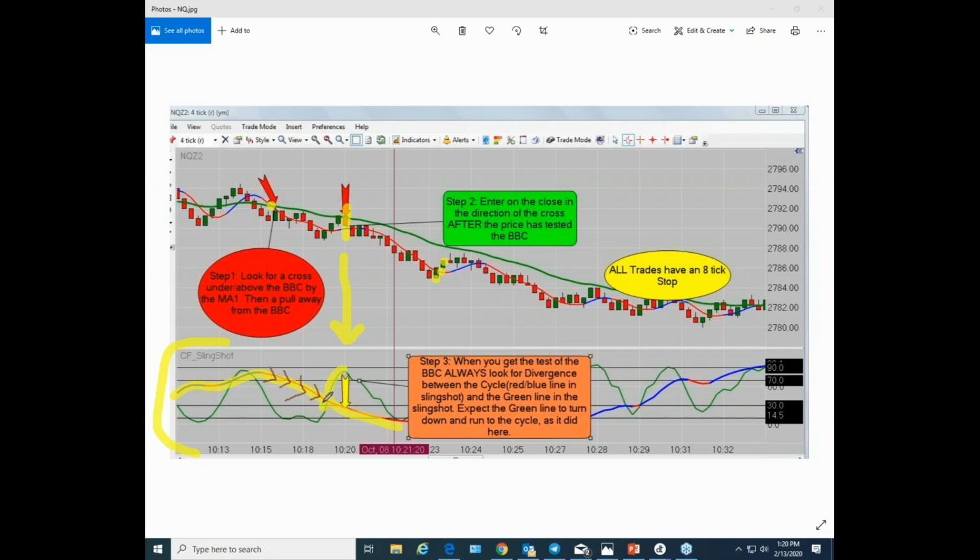The green line pulling away from the cycle together with this price action, you're going to notice they run side by side a lot of times. These two pulling away. The green line is being pulled away like a slingshot, right?